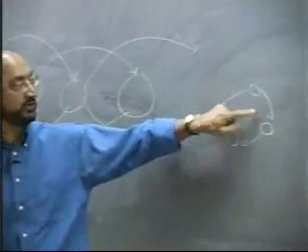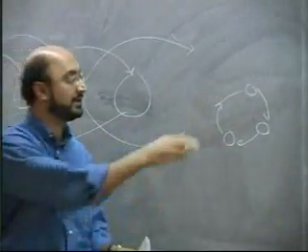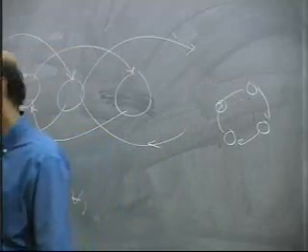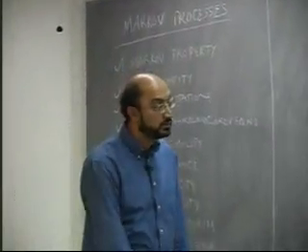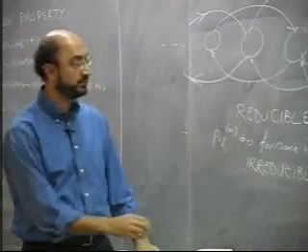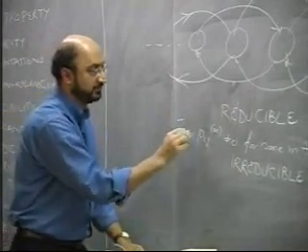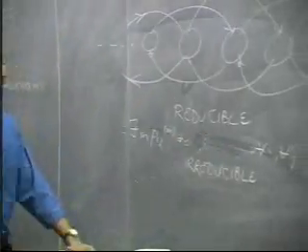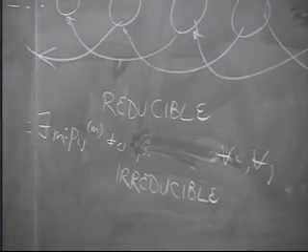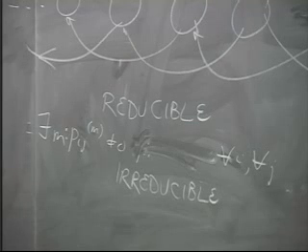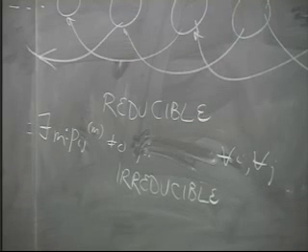I can go from here to here in 1 step, here to here in 2 steps, here to here in 3 steps, and back in 4 steps. So we need to change this: for all i, all j, there exists some m such that. I should say that the existence of m should come after all i, all j.